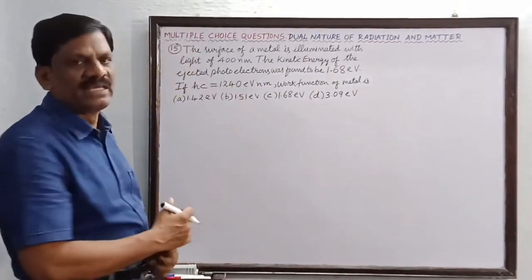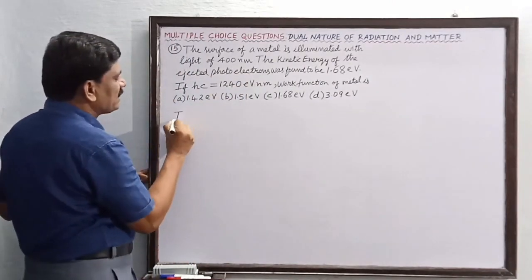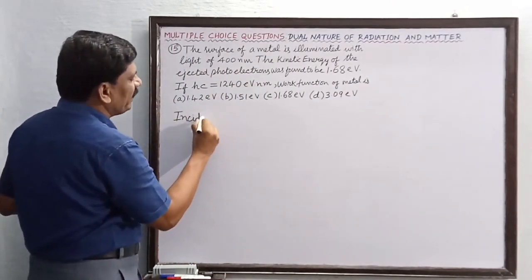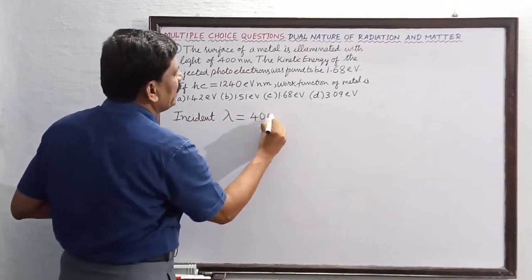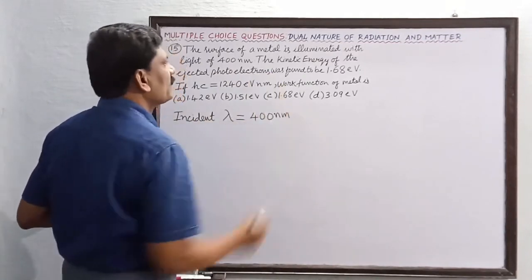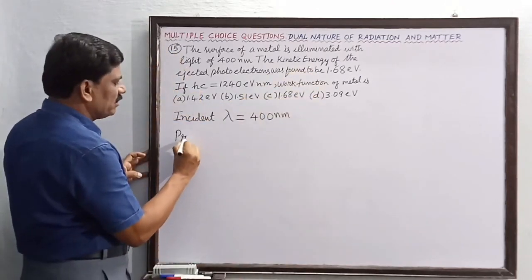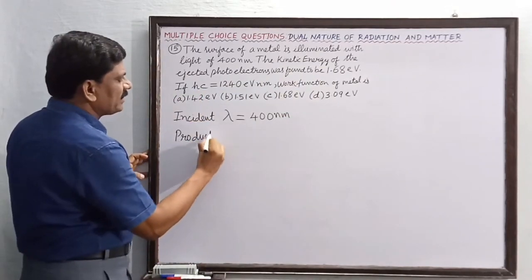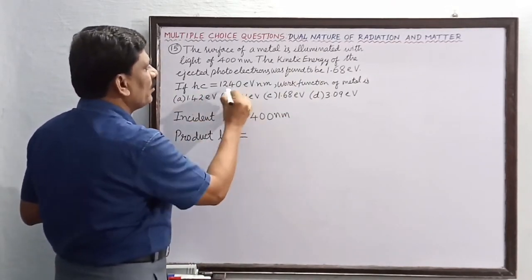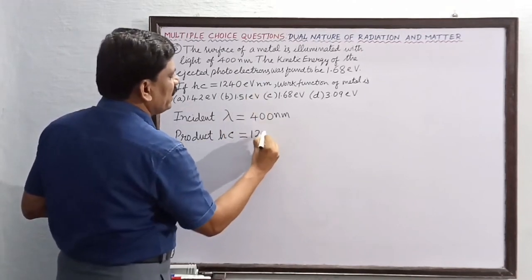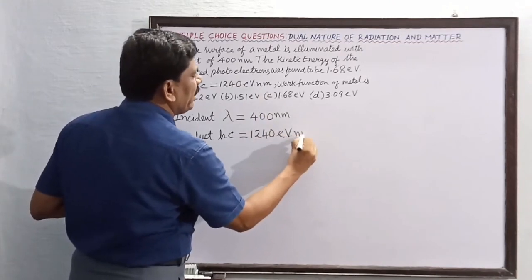So first I will list the given quantities. I will start with the incident wavelength. Incident lambda is equal to 400 nanometer. Then the product of Planck's constant h and velocity of light together is equal to 1240, and the unit is electron volt into nanometer.